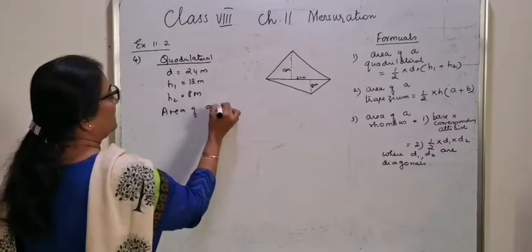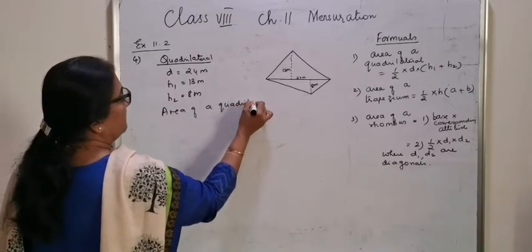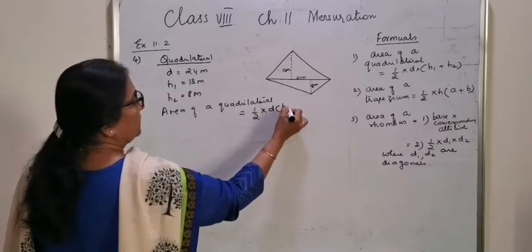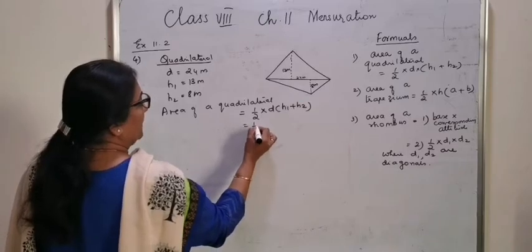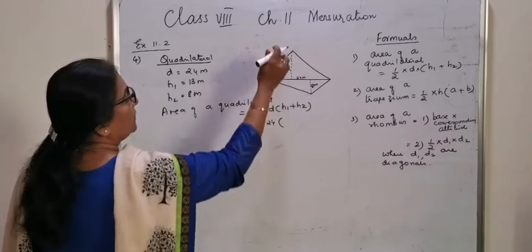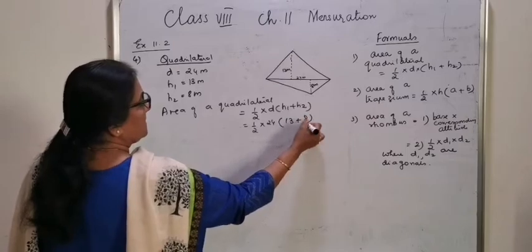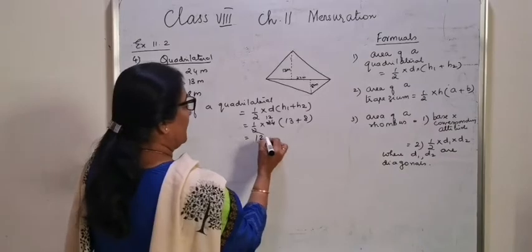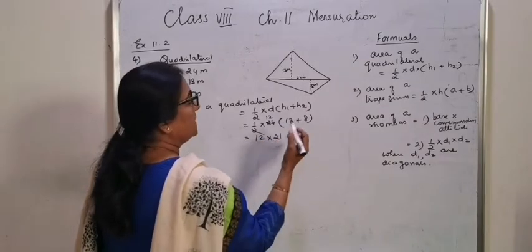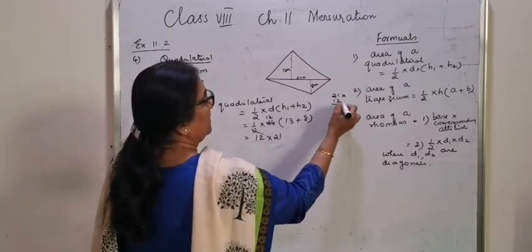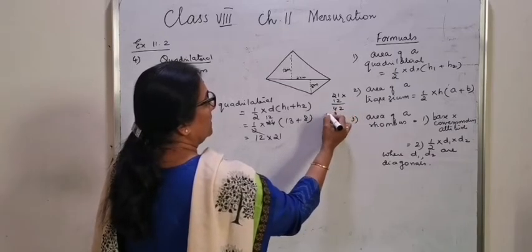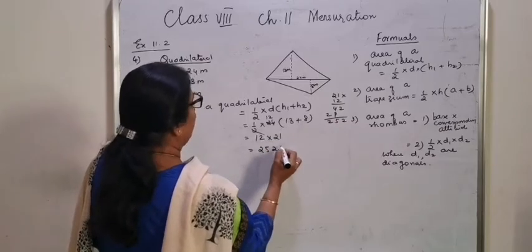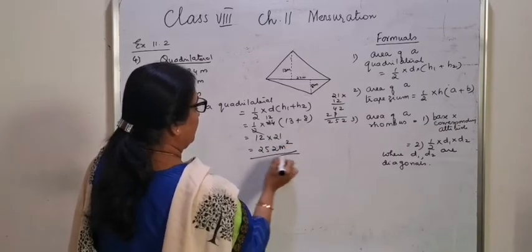Area of a quadrilateral is equal to half into diagonal into H1 plus H2, half into 24 into 13 plus 8. 2 and 24 can be cancelled as 12. So 12 into 13 plus 8 is 21. 21 into 12. 1 2 is 2, 4, 1, 2, which is equal to 252 meter square.